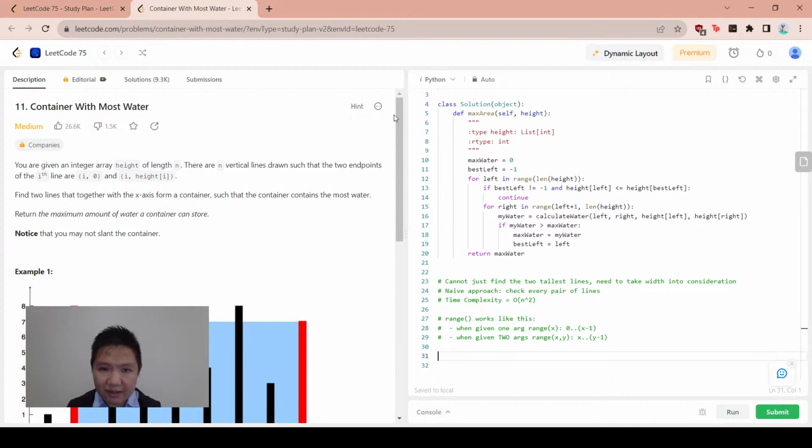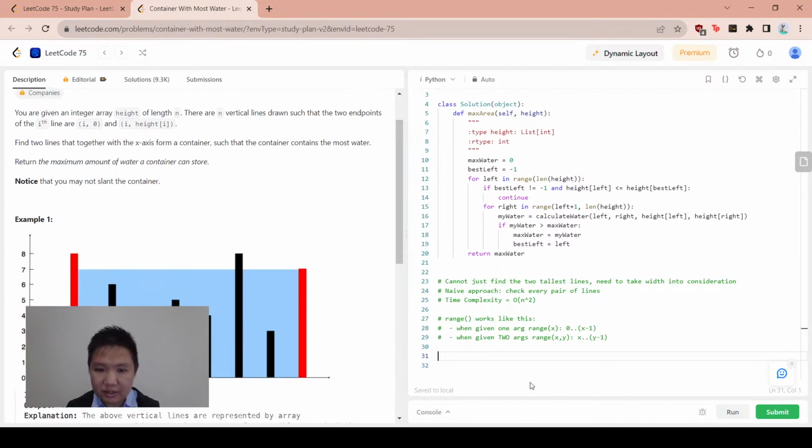So the idea I have is to make use of a few properties. One is as the distance between the left and right narrows, the width is smaller, and therefore, in many cases, the amount of water it can hold is smaller. Okay?